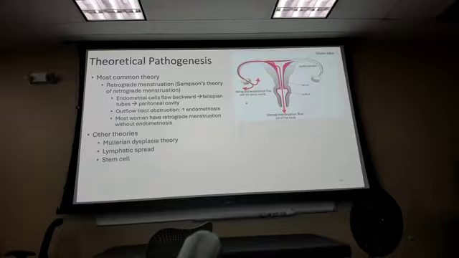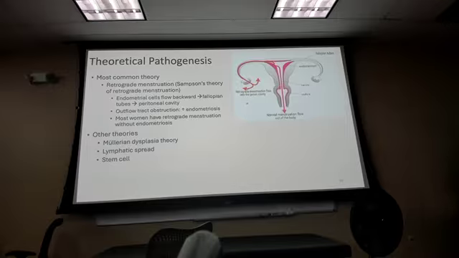But the problem is that the majority of women have retrograde menstruation. If they look at the studies, the majority of women have retrograde menstruation. So why do some get endometriosis and others do not? Why don't all women have endometriosis?